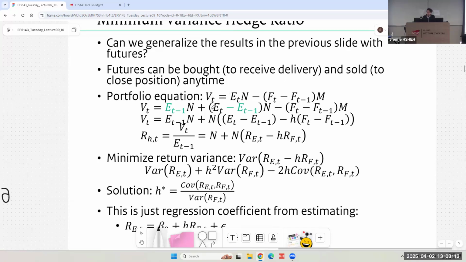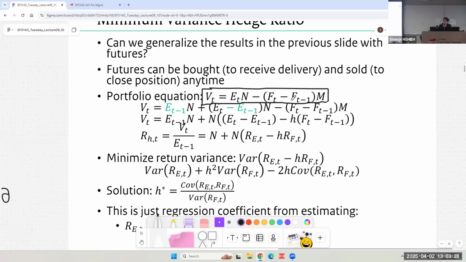So this is the same equation as I just explained. The total value of the portfolio is equal to liquidating your asset position minus the bet I made using futures contracts or forward contracts, right? You have a plus F-1 for short in the beginning, and then the minus FT for unwinding.